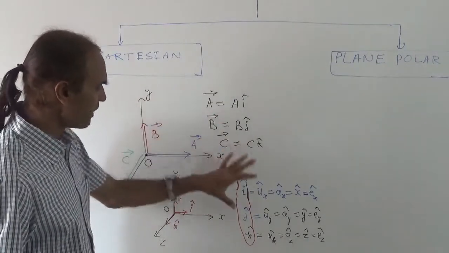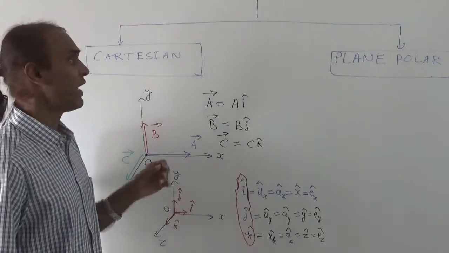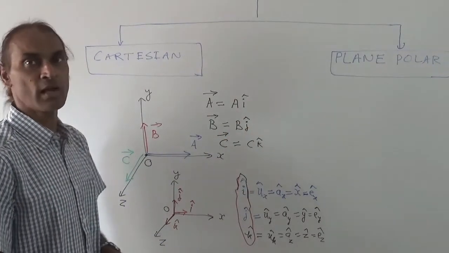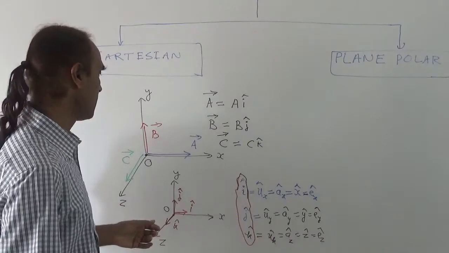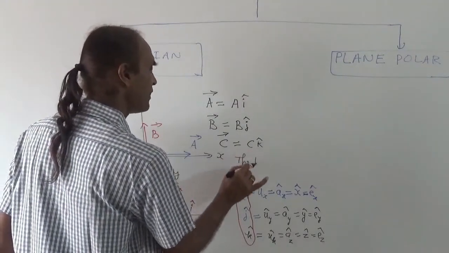When you master the Cartesian coordinate system, then you should go for plane polar, another coordinate system.